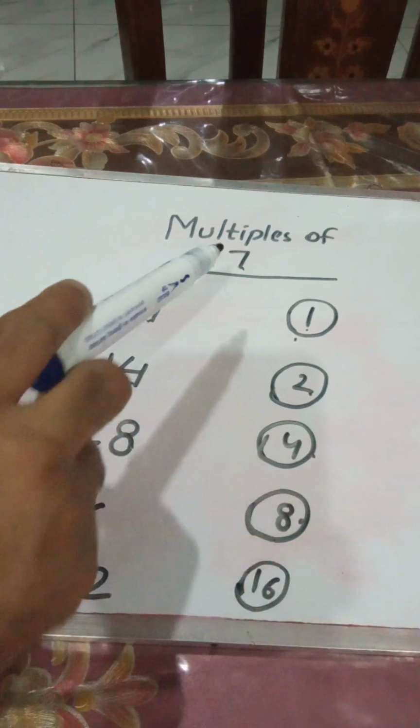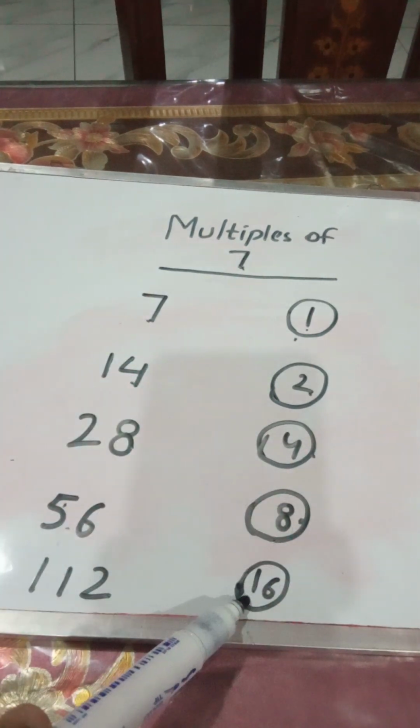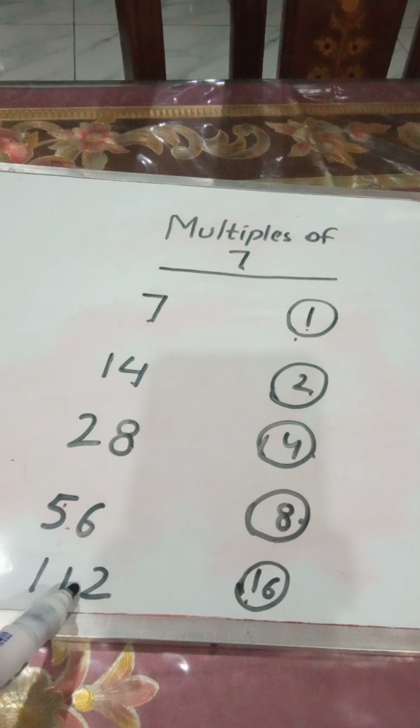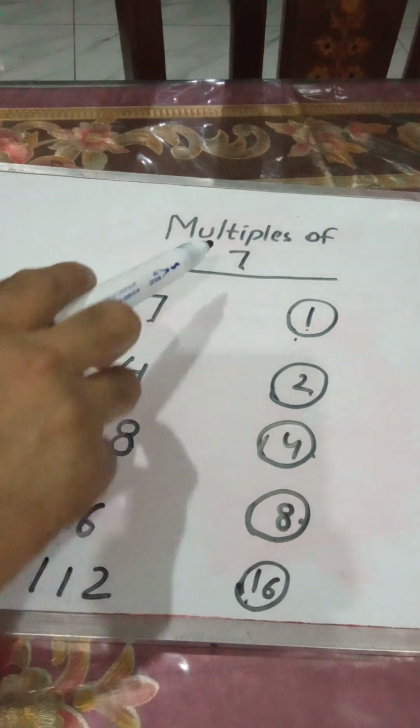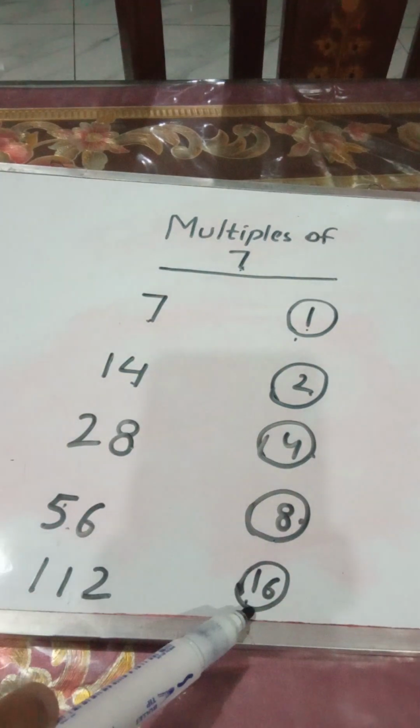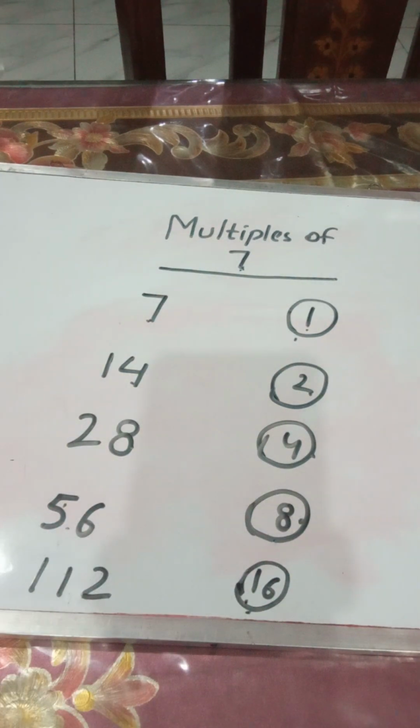It means that 7 16 times is equal to 112. If you multiply 7 by 16, you will get 112. Now let us see some more multiples of 7.